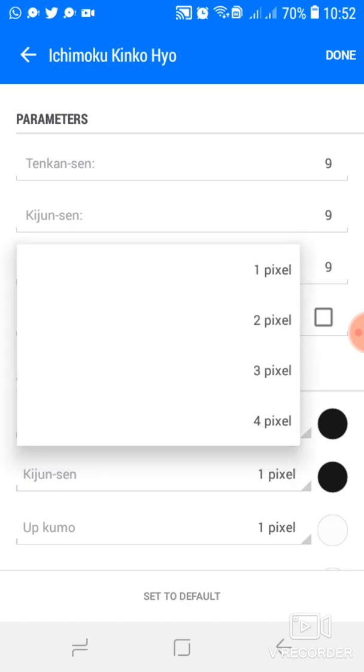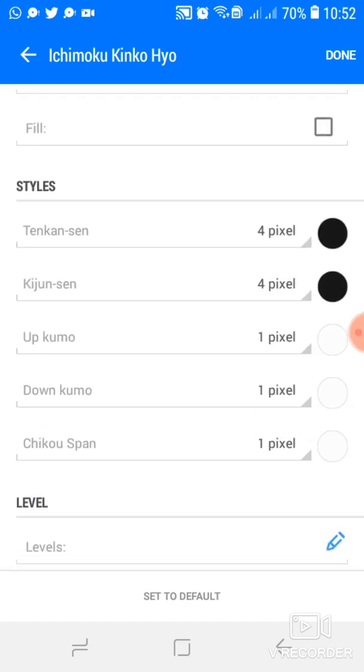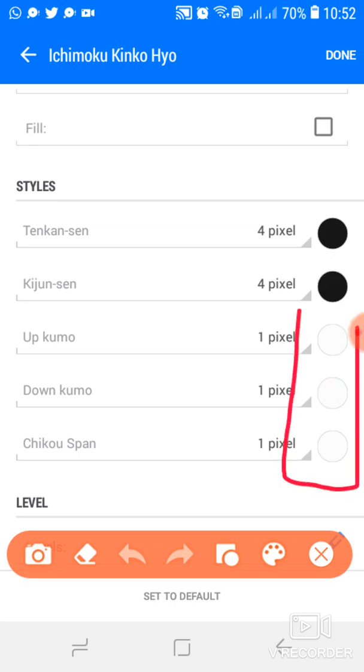Here you will need to put these styles. The reason why I have used the white style in these three indicators is because my background is white, so I don't need them to appear. Also, don't forget to make it 1 pixel.